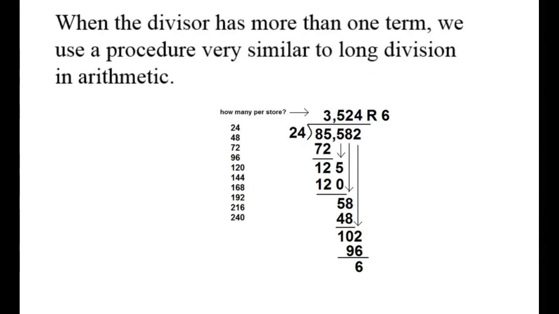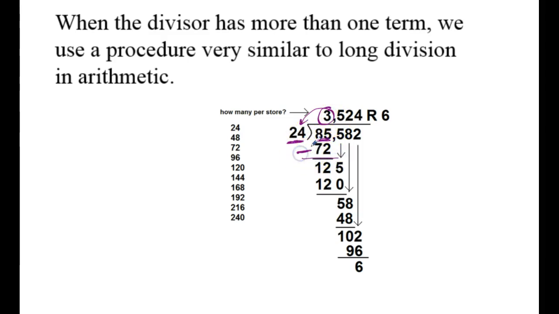So if you have more than one term, I wanted to remind you that you've done this before in elementary school. If you have 24 going into 85,582, the process is you come up with a number. 24 goes into just 85 3 times, and you multiply 3 times the 24, get a 72, and remember that you were going to subtract.